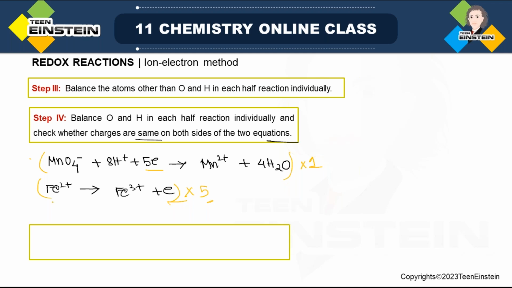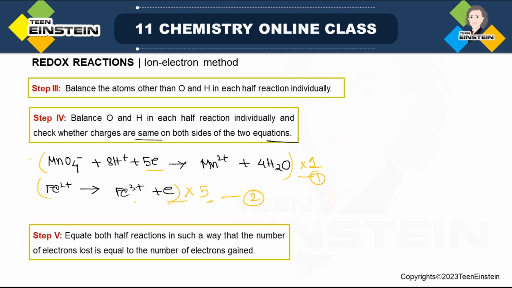So once you multiply like this, it will be 5Fe2+ gives 5Fe3+ and 5 electrons. And when you are adding these two equations, suppose this is equation number 1, this is 2, the electrons will be cancelled from both sides. So equate both half reactions in such a way that the number of electrons lost in the oxidation reaction is equal to the number of electrons gained in the reduction reaction.